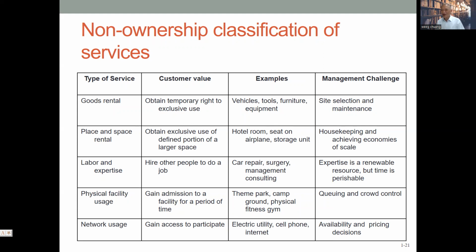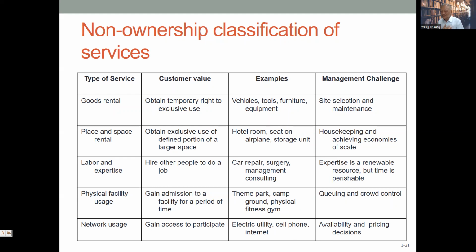And the next type of non-ownership service is place and space rental. The customer obtains exclusive use of a defined portion of a large space. So you rent a place, an office, a space, and so on.